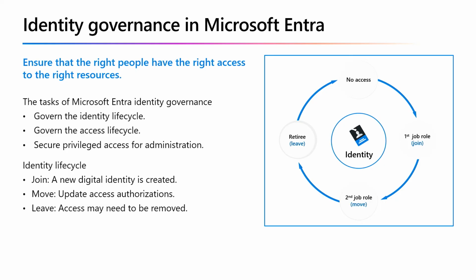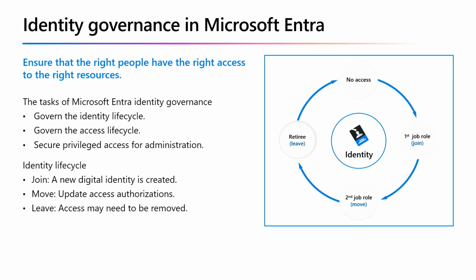So let's start with identity lifecycle. Managing users' identity lifecycles is at the heart of identity governance. When planning identity lifecycle management for employees, for example, many organizations model the join, move, and leave process. When an individual first joins an organization, a new digital identity is created if one isn't already there.